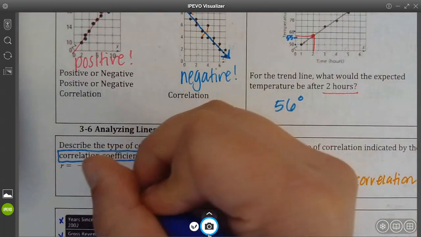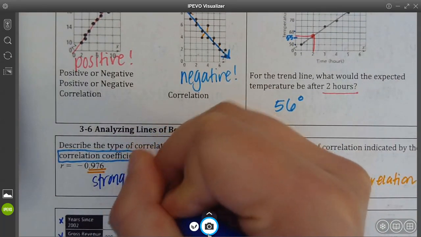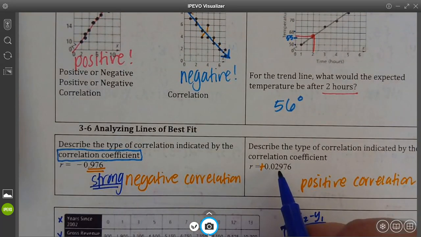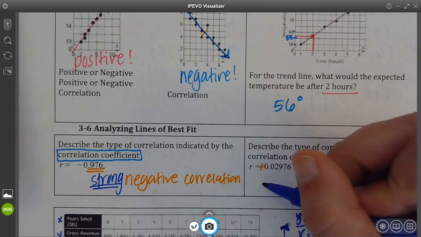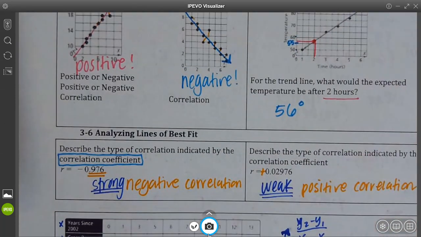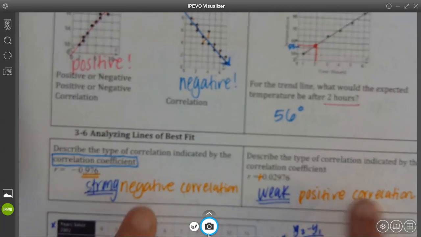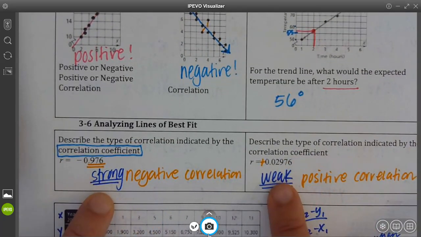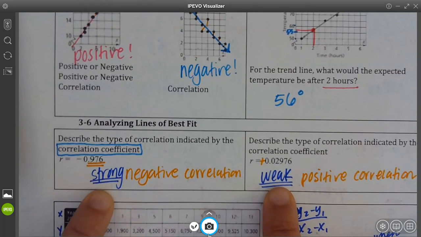So we're going to classify this as a strong negative correlation. And this one is 0.02976. This is closer to 0. So we're going to classify this as a weak positive correlation. The sign lets us know whether it's negative or positive, and the number lets us know whether it's going to be weak or strong.